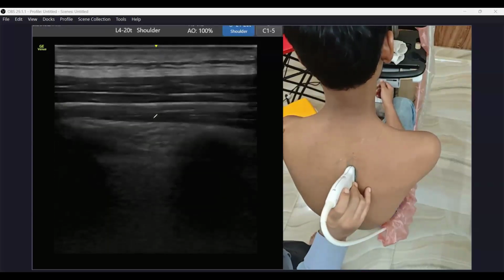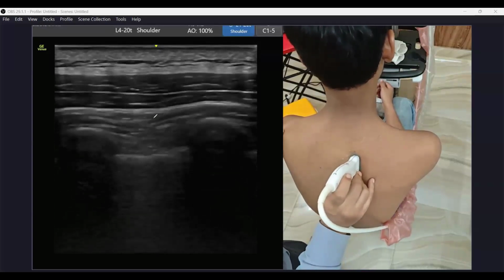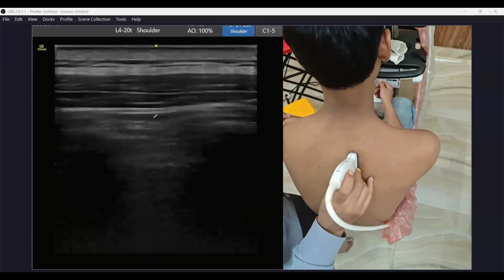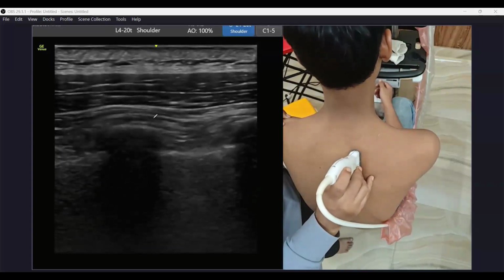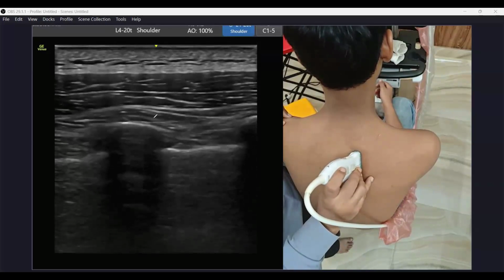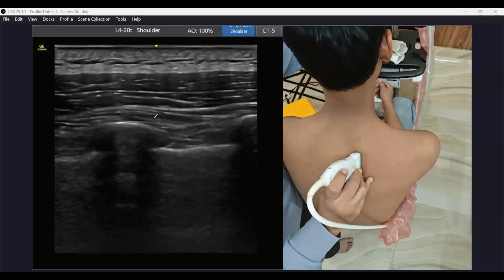Here, in this area I am seeing. So remember, what is the location of the intercostal nerve? It is the lower margin of the upper rib.